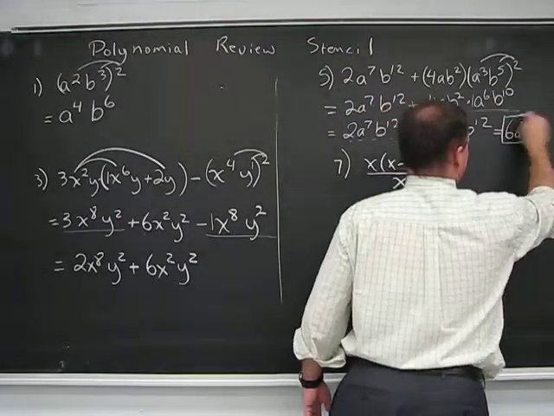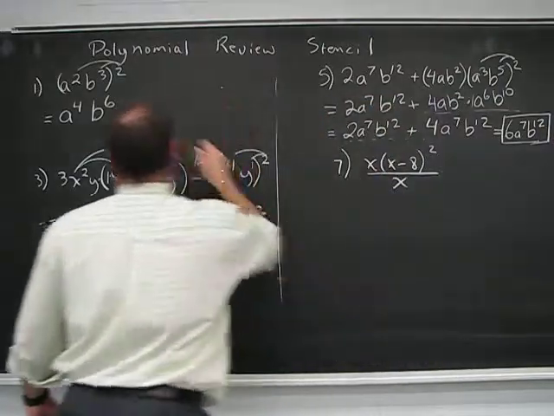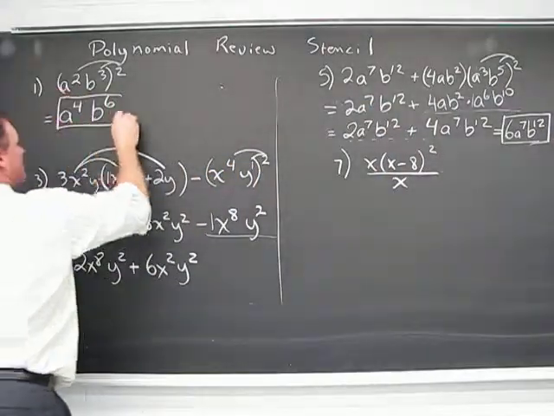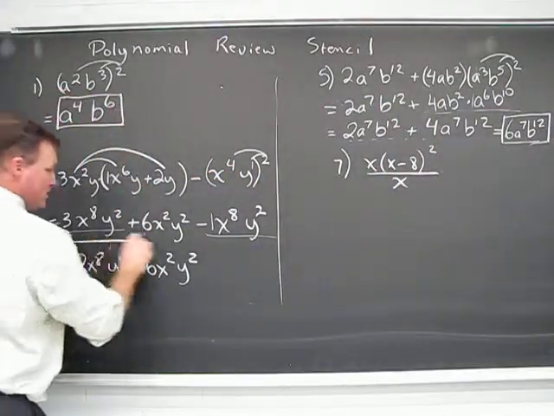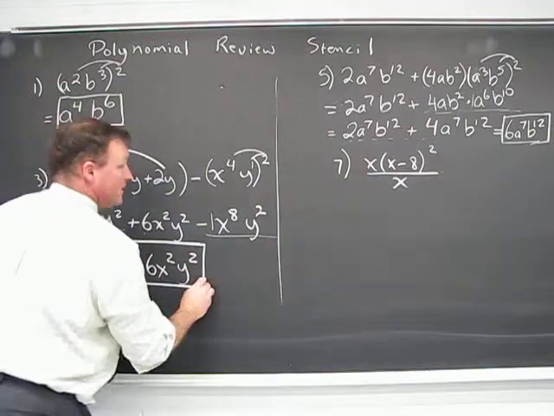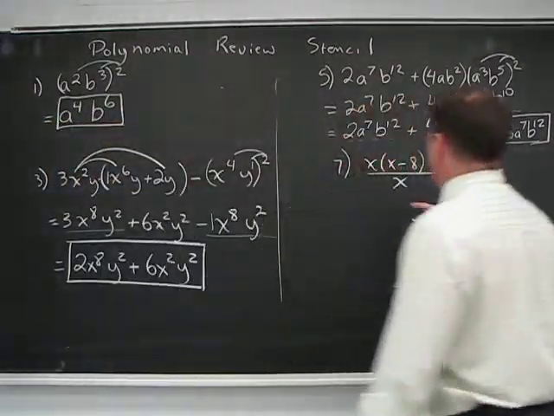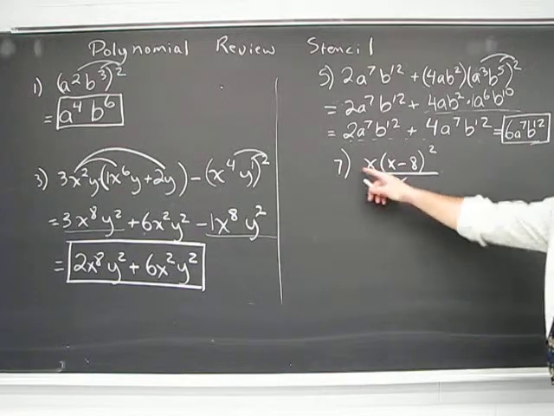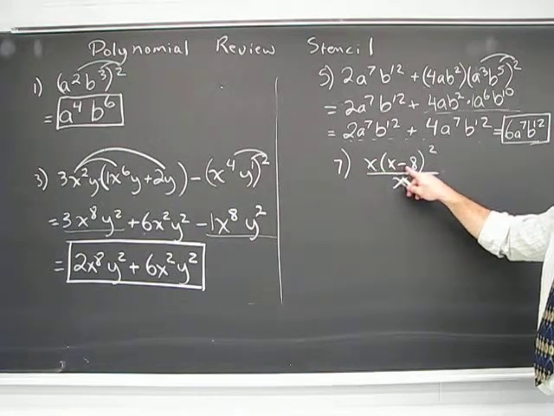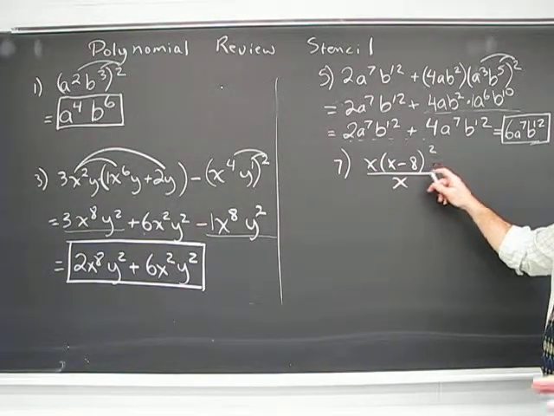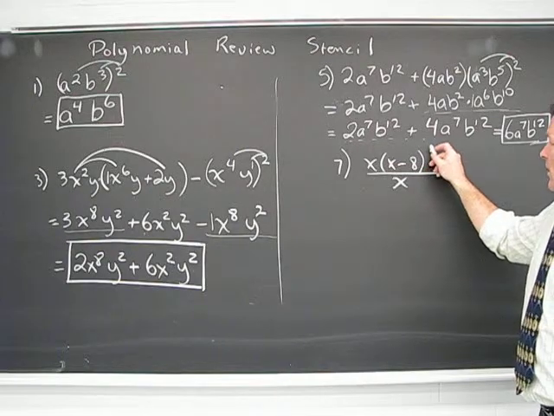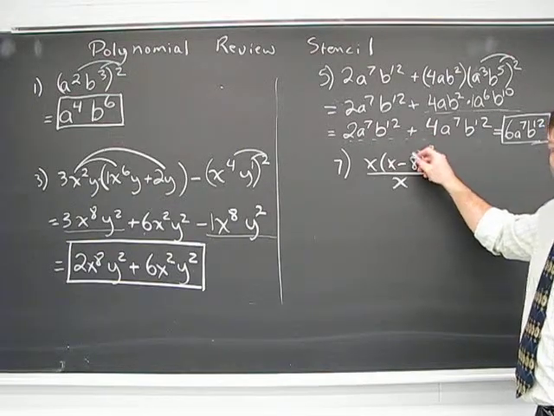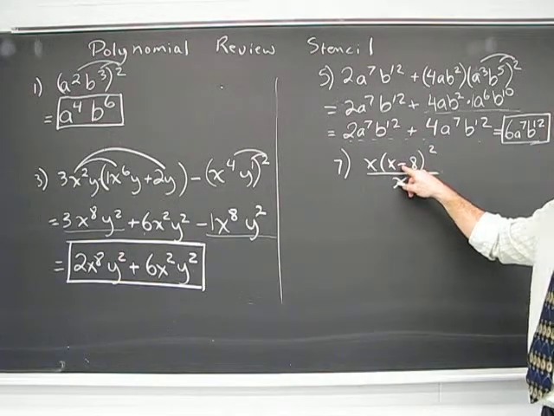It's always nice to put a box around your answer to make things nice and clean, organized, give you that feeling of completion. Now number 7 is a little combination of a couple of things. I've got a multiplication of a monomial times a binomial squared. Remember, this is a binomial. You're not going to be allowed to multiply the exponent into the bracket because there's a minus sign.